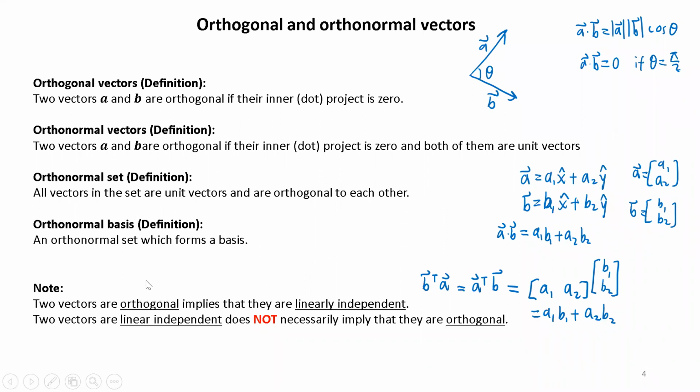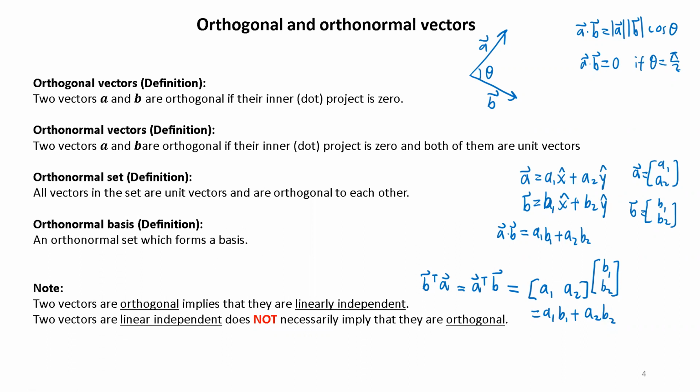That's the so-called orthonormal set of vectors. And the orthonormal basis simply means that this orthonormal set of vectors forms a basis of my vector space.